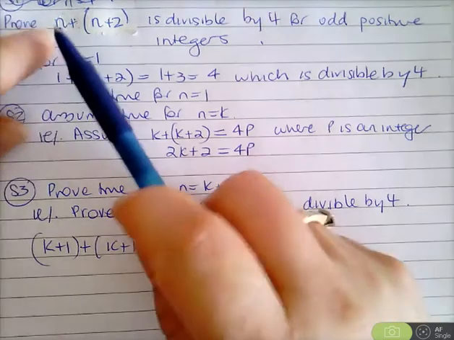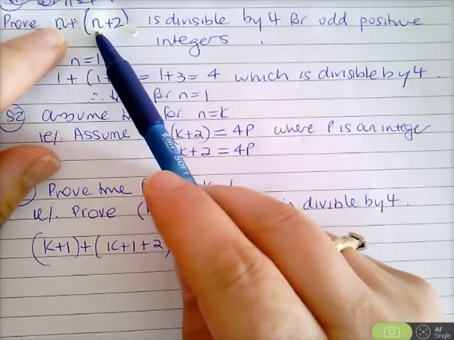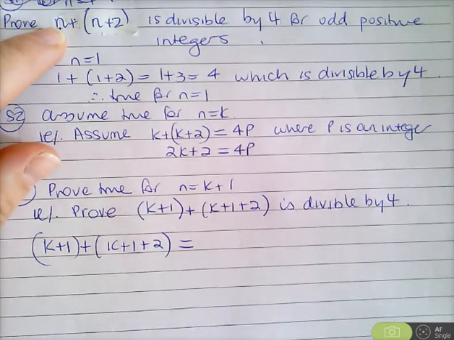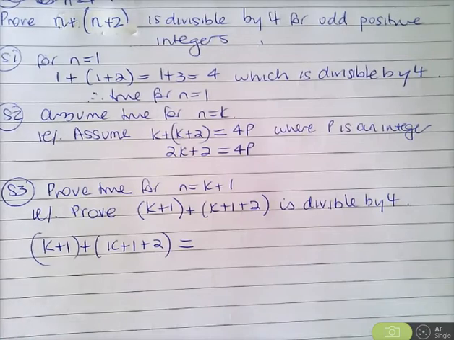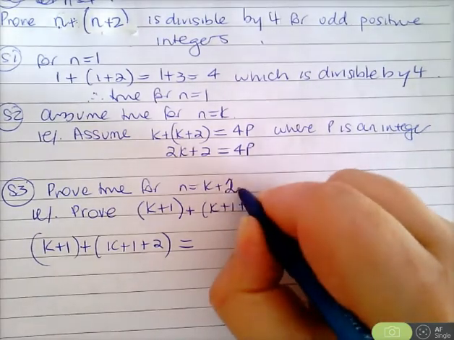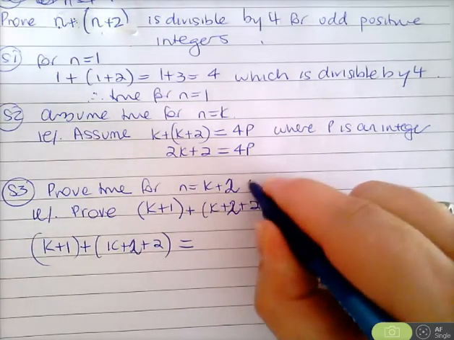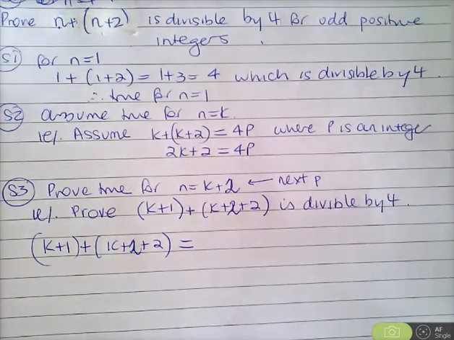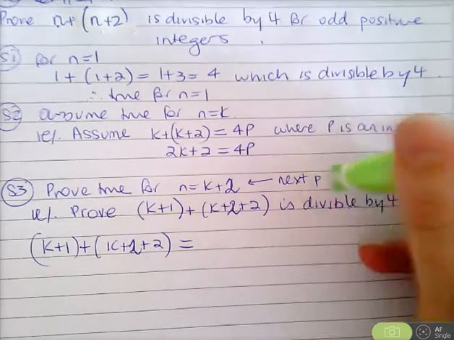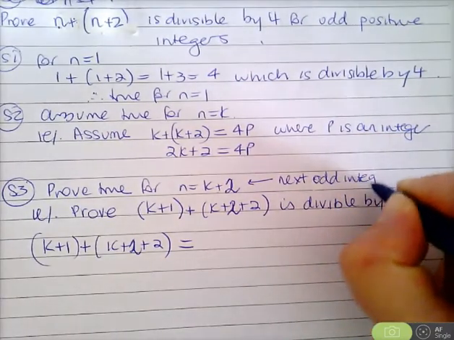Because we're replacing the n here. But if it's the next odd integer, isn't it k plus 2? Yes, k plus 2. Thank you. Prove true for n equals k plus 2 because that is the next odd integer, 2 more from the previous.